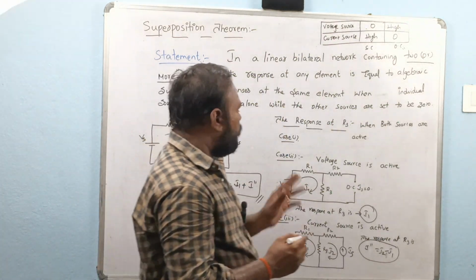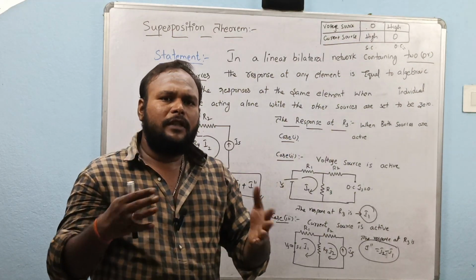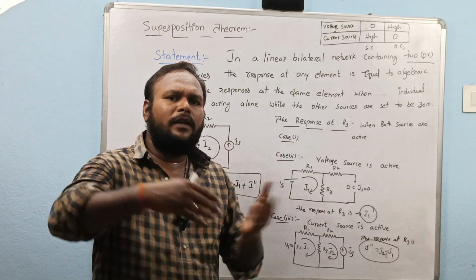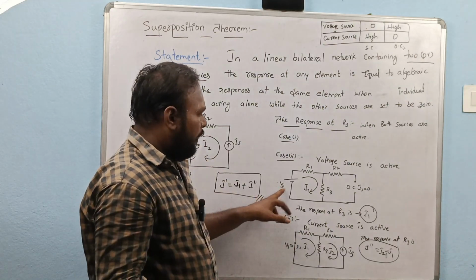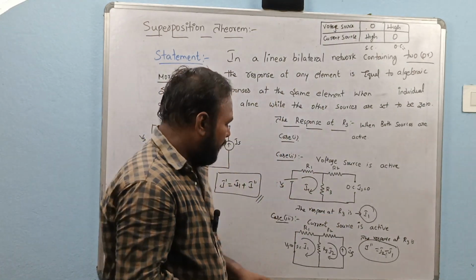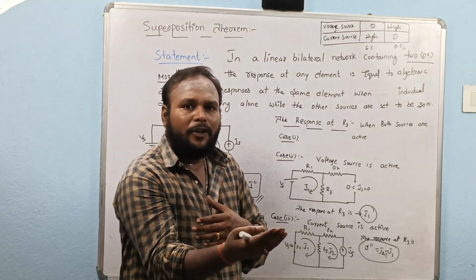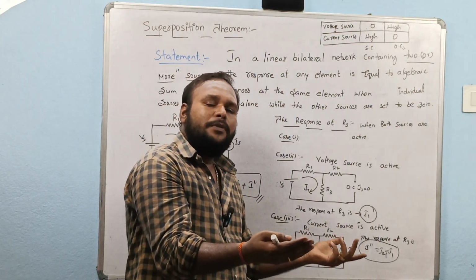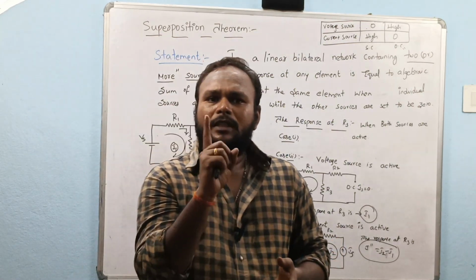Coming to case 2, only one source is active. If 10 sources are present, make the other 9 sources 0. Only one source is active and find the response at the same element. And then case 3, make the other source active and make this source 0, and in the entire network only one source is active.